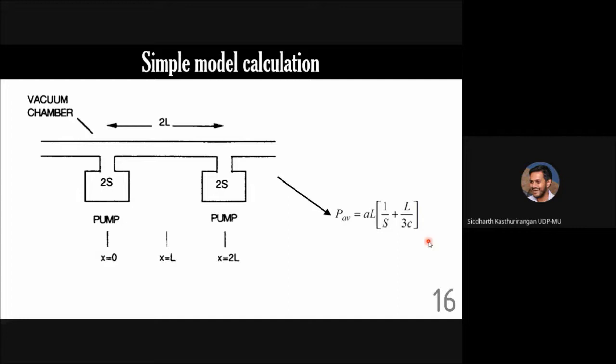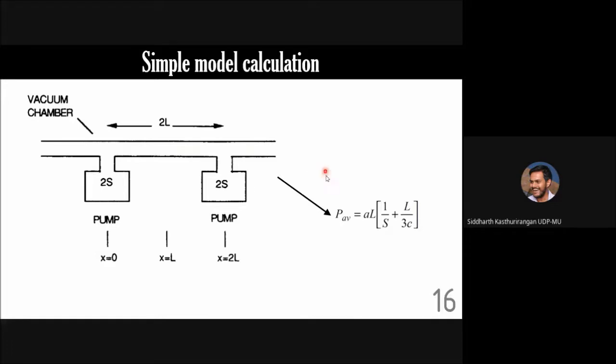Then the average pressure in the beam tube in this entire region will obviously be lowest near the pump, and it will be highest at the point between two pumps, because the region near the pump will have a lesser density of molecules. Here you will have more, but the difference is not much. It is the same order of magnitude only.